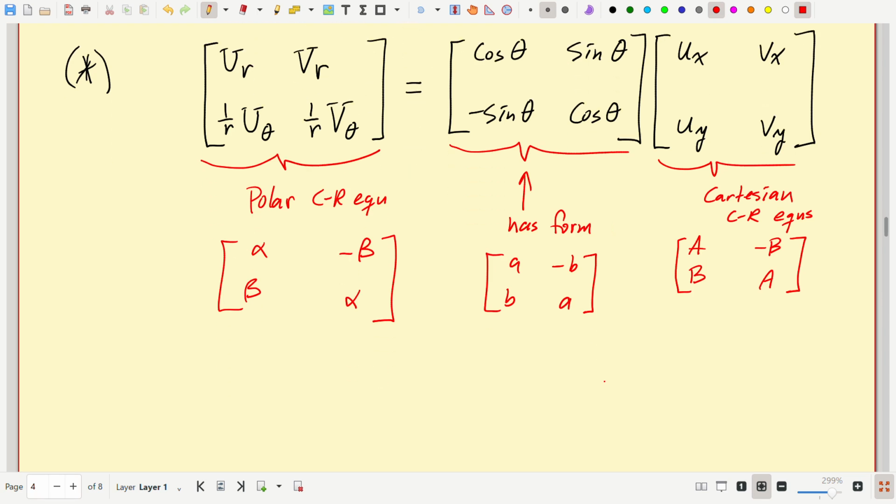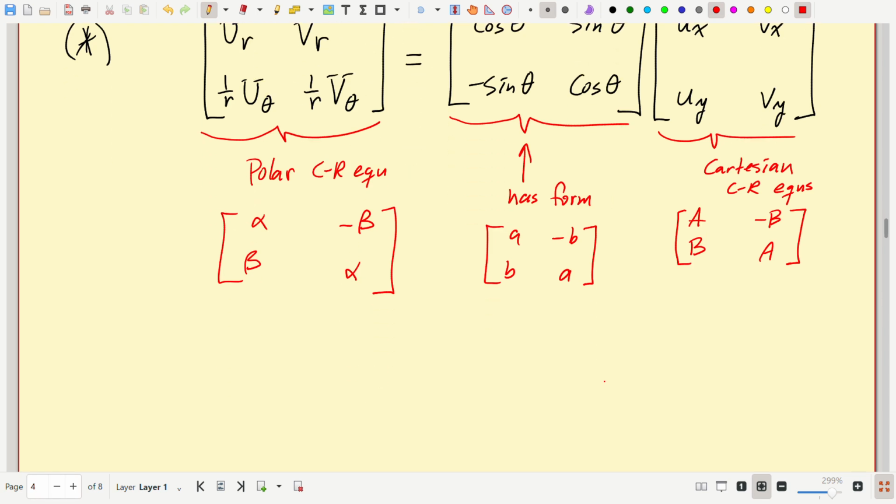Okay, and it's an easy fact that when you multiply two matrices of that form together, you get the same kind of matrix.